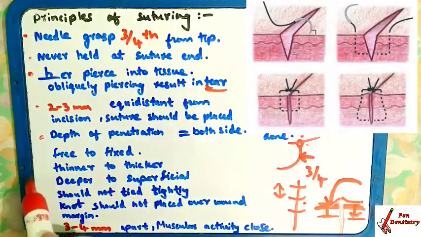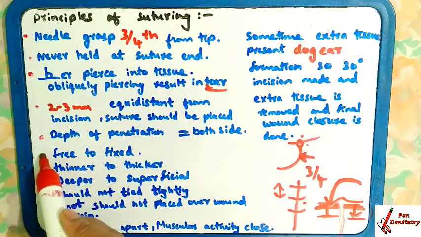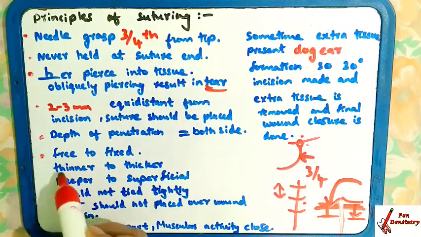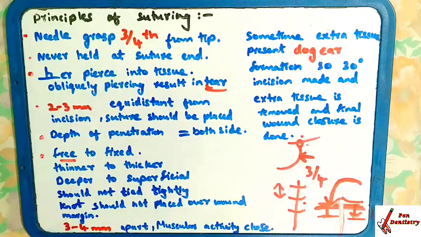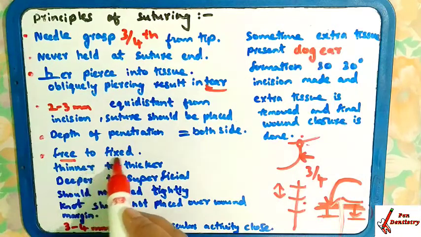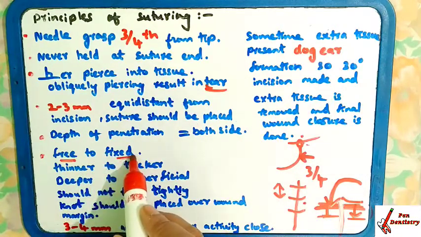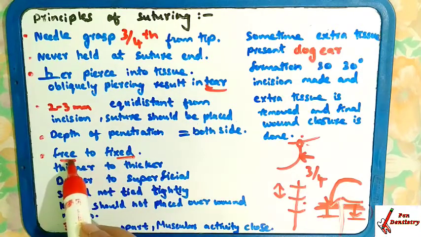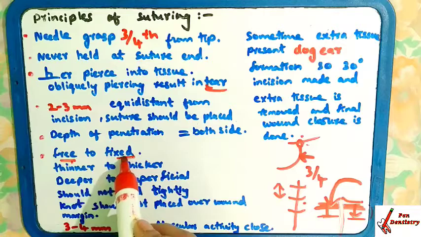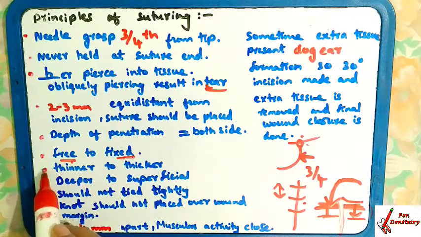You are going to start your suturing from the free tissue, that is the tissue which is not attached and is moving, to the fixed tissue, which is not moving. You are going to place your suture from the free end to the fixed one, and from thinner to thicker.